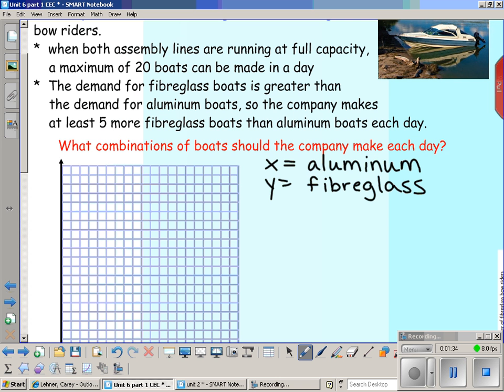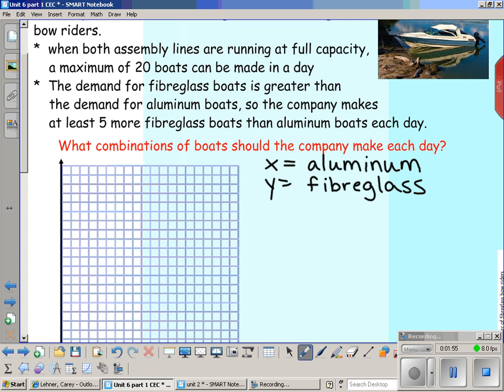The other information that we have to consider is, are we dealing with discrete or continuous data? Well, we're talking about the number of boats, and we can't make half a boat or a quarter of a boat, so we are dealing with discrete data. And the other thing we have to consider is, are we dealing then with whole numbers or with integers? And in this case, it's all whole numbers.